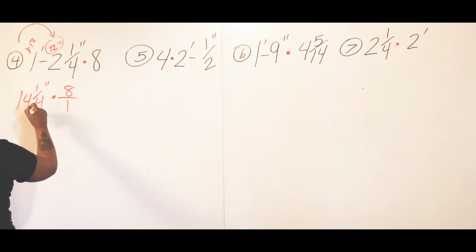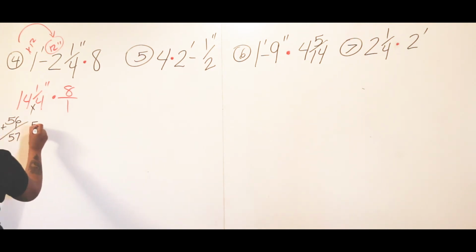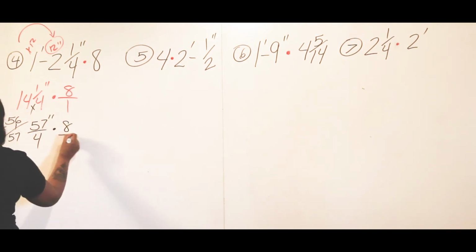So 14 times 4 is 56. Plus the one we already had is 57. So now we have 57 over, denominator stays the same, 4 times 8 over 1.